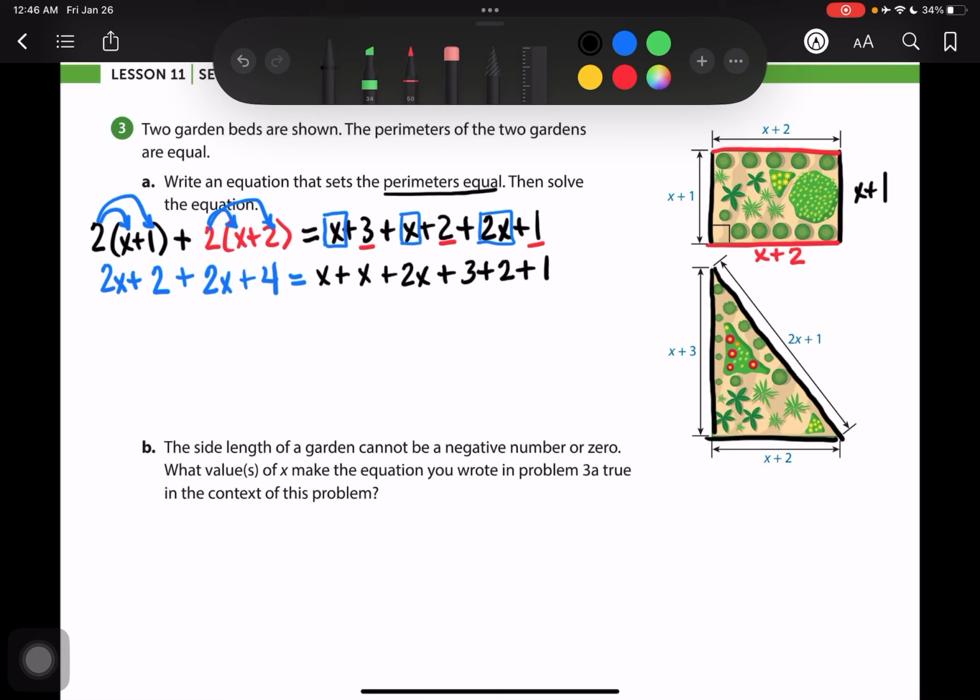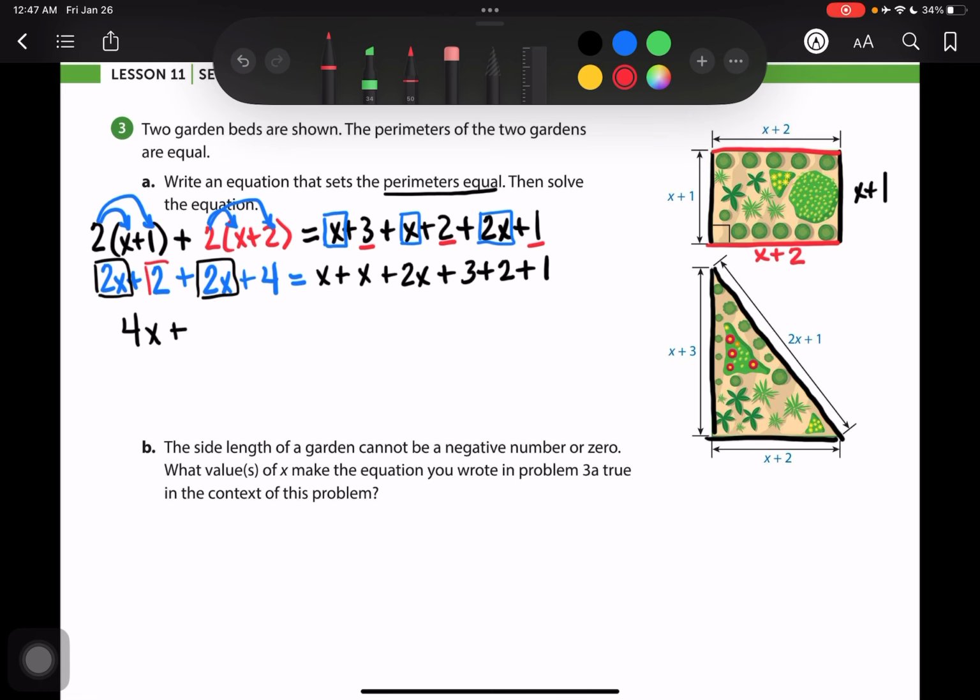So here I have 2x and 2x together. That's 4x plus I have 2 and 4. That is 6.